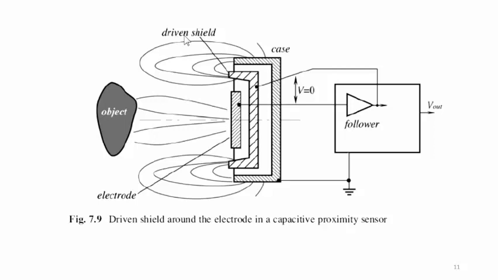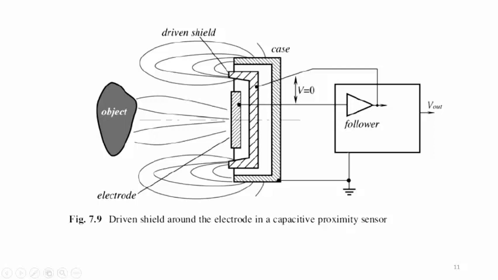In this diagram we can see the proximity capacitive sensor. First there is the outer case, and inside the outer case you will find the driven shield. The driven shield is responsible for minimizing the fringing effect. In the middle of the package you will find the electrode, which is connected to the voltage follower, and the outer casing is connected to the common ground.